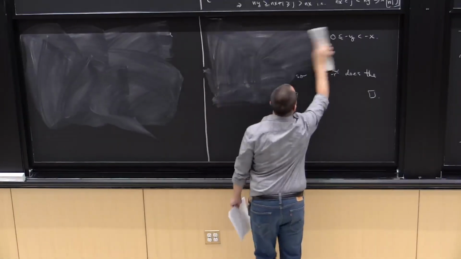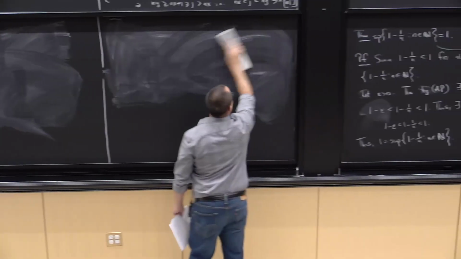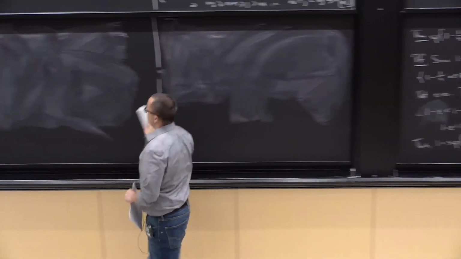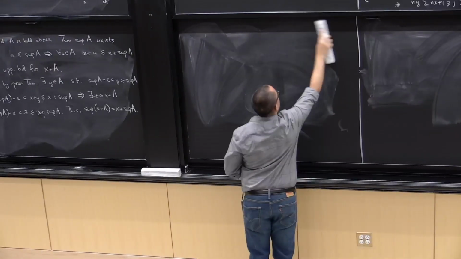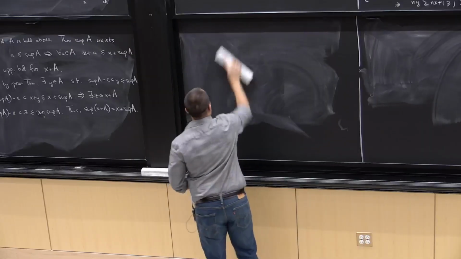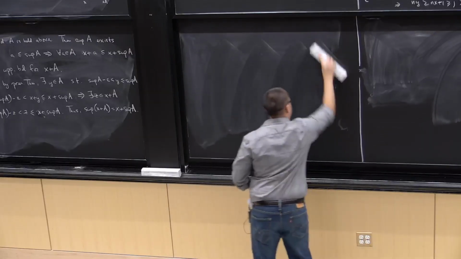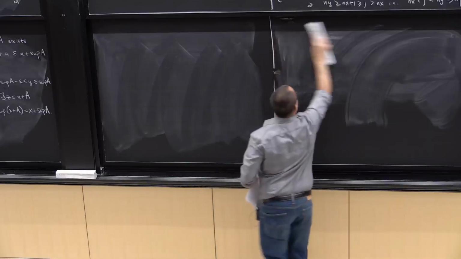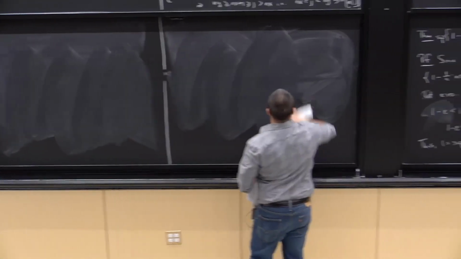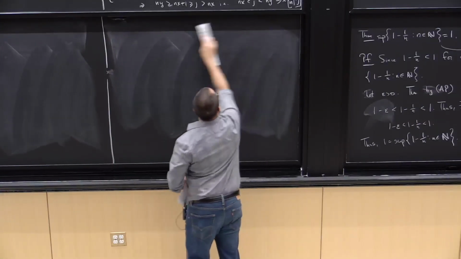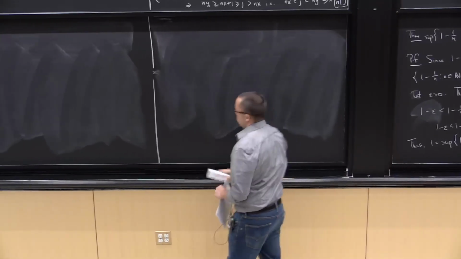It's essentially the same proof for x times capital A. You just replace pluses with multiplication.